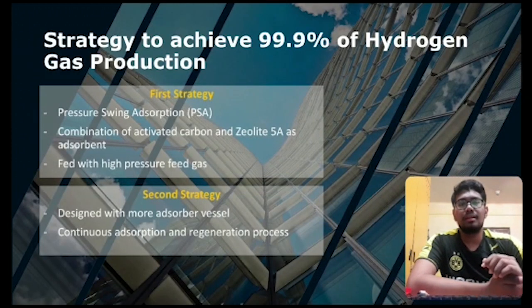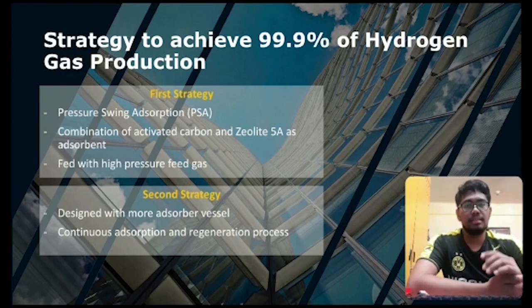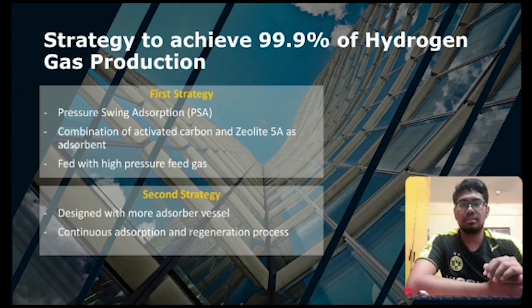To achieve 99.9% hydrogen gas production, pressure swing adsorption or PSA is the first strategy to be implemented. This system is carried out using activated carbon and zeolite 5A as adsorbents, which have good performance.